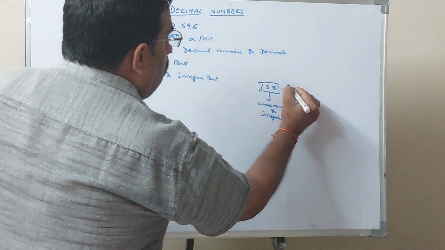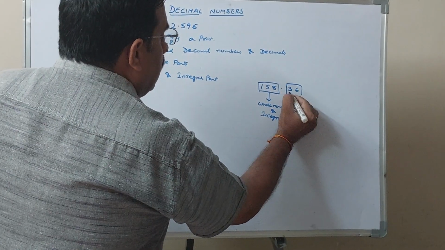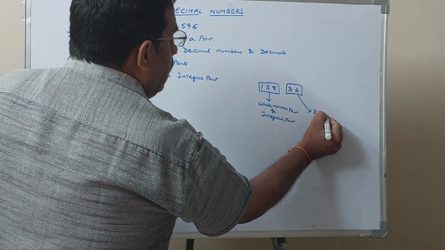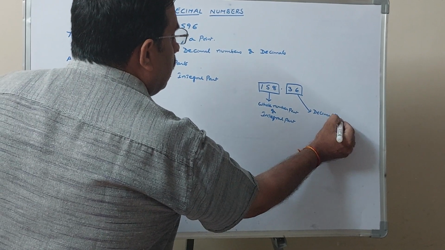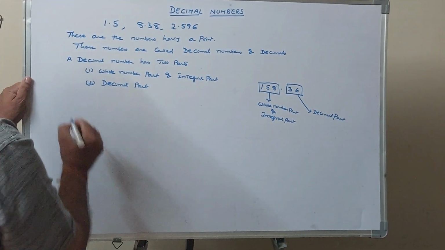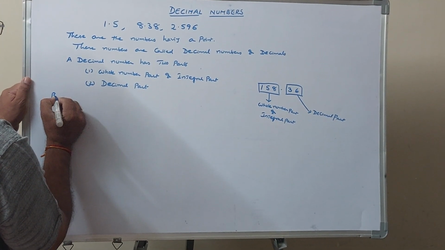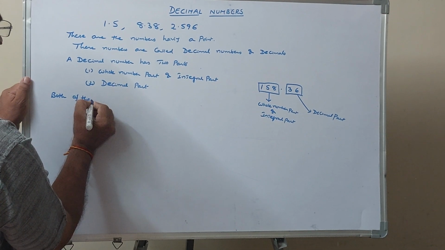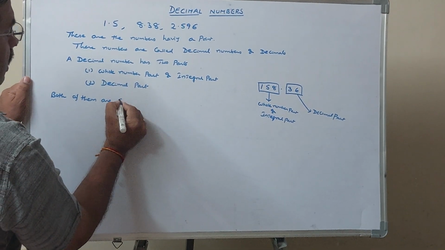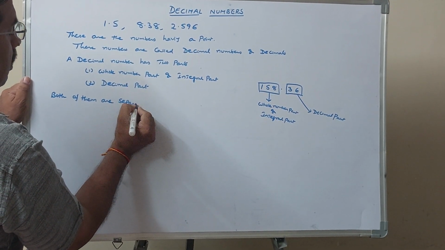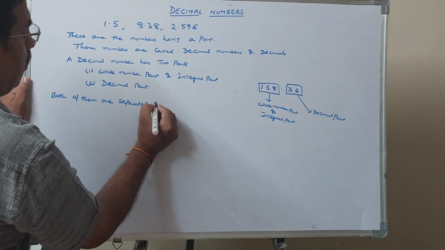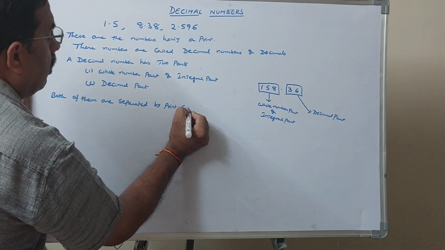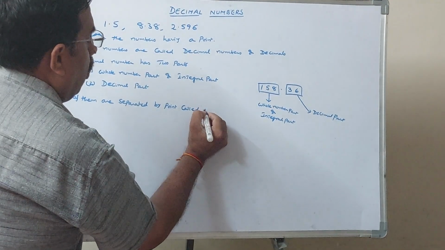And this is called the decimal part. Both of them are separated by a point called the decimal point.